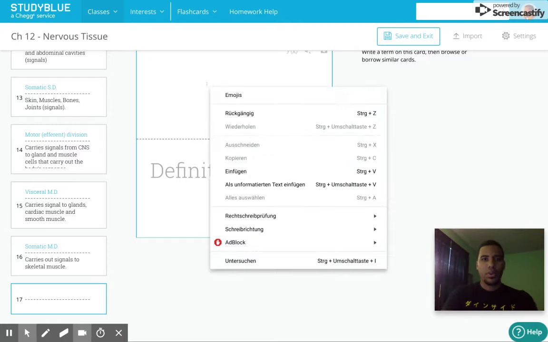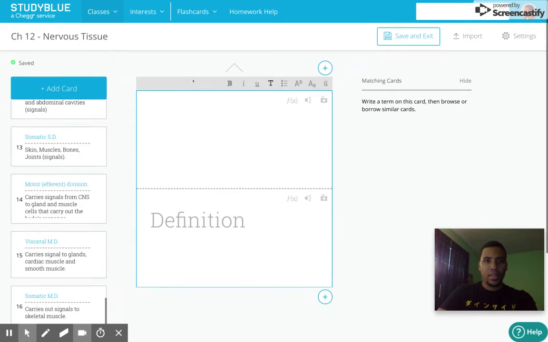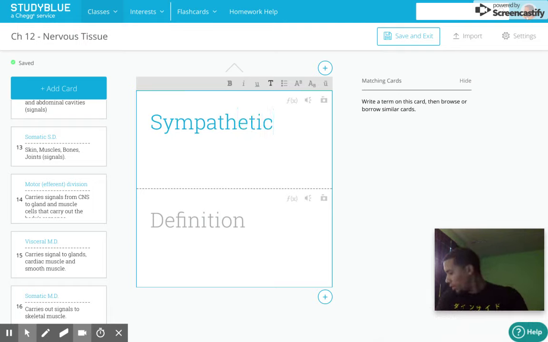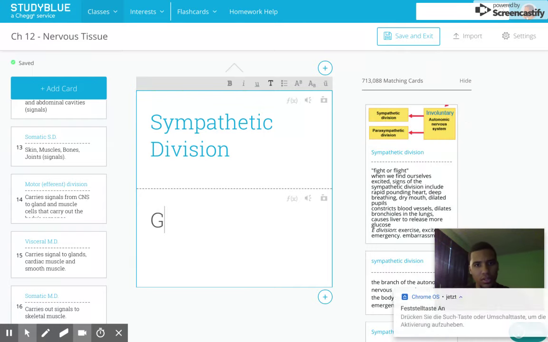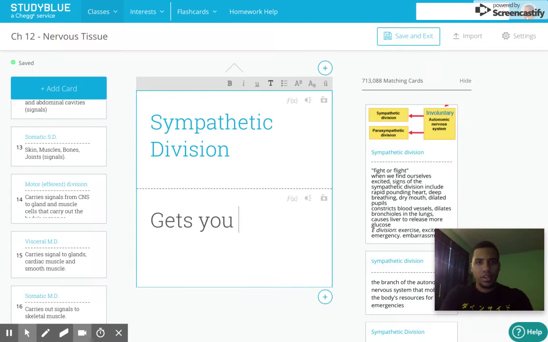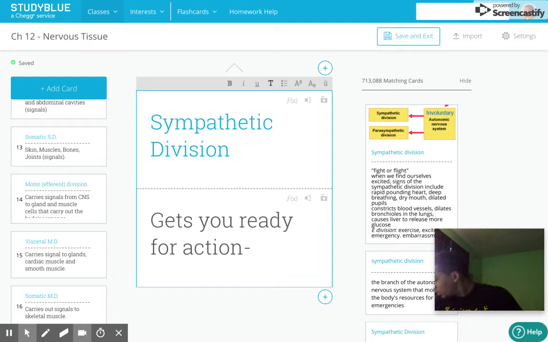It's a little confusing, but one thing that sets them apart is, and I'm going to write it right here. So we're going to start with sympathetic division. It says it tends to arouse body for action. So gets you ready for action. And I'm going to put right here, it accelerates your heartbeat and your respiration.